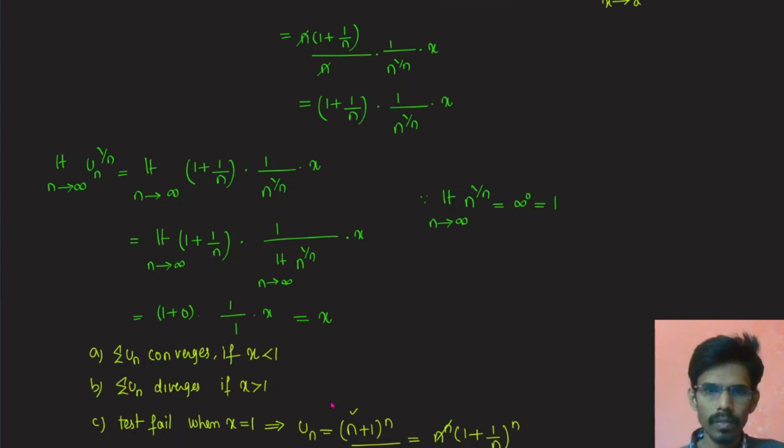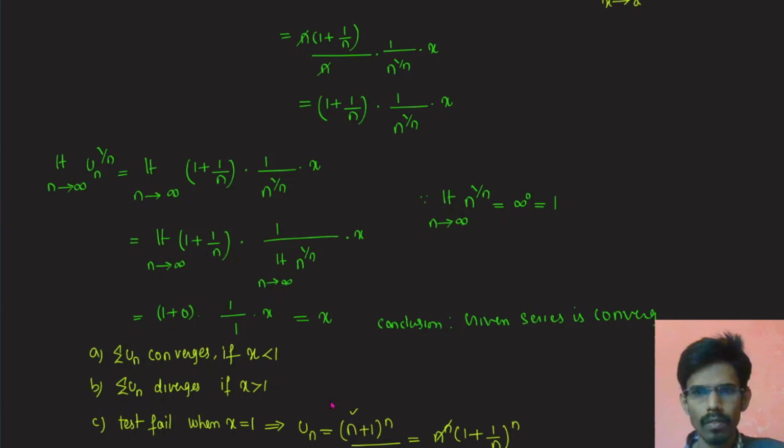Now the conclusion: the given series is convergent if x value is less than 1, not equal, less than 1 only.